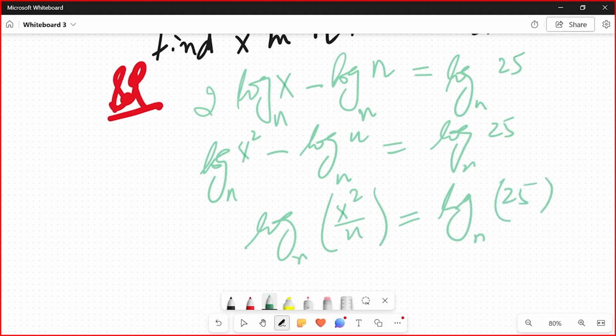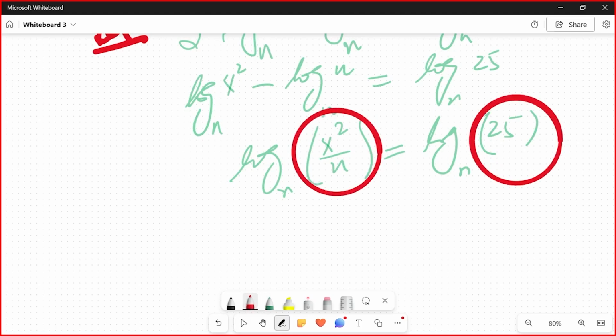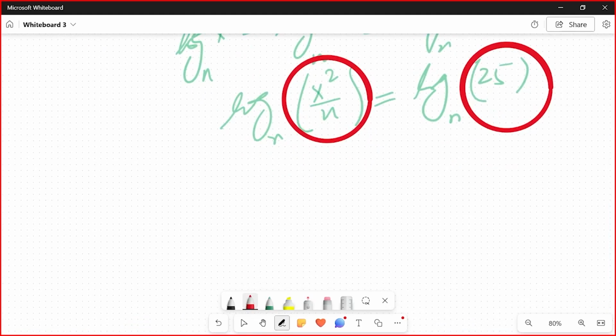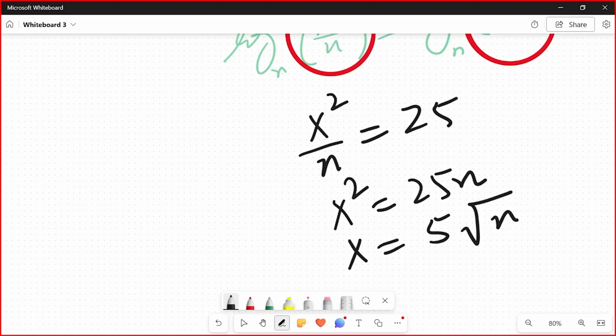Does it make sense? So what does it mean? Because both are log to the base n, it means this thing should be equal to this thing. So x square over n is equal to 25, or x square is equal to 25n, and x is equal to 5 root n.